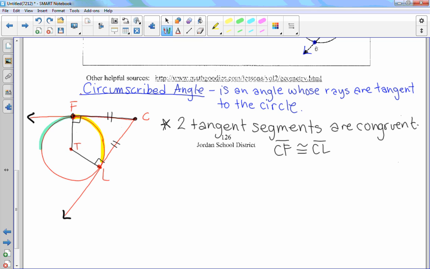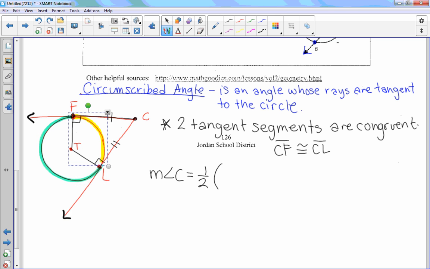This teal part is the major arc on the outside. So when we have a circumscribed angle, angle C, the measure of angle C ends up being half the difference of our major arc subtract the minor arc.